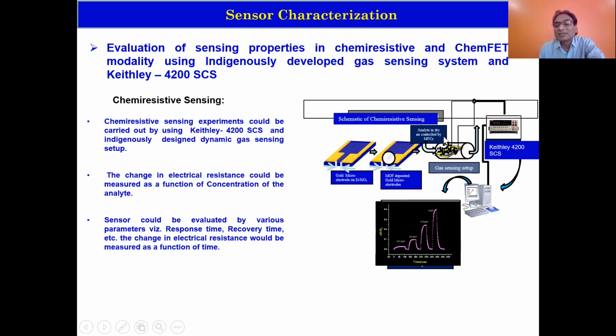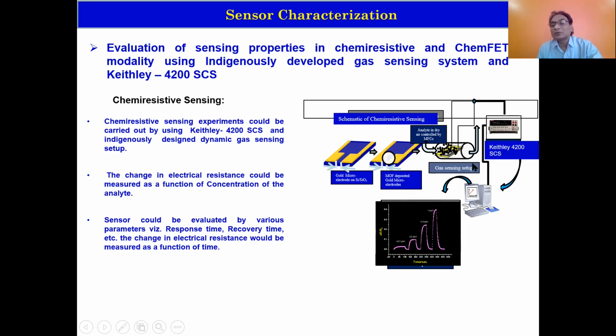Then we have this gas sensing chamber, a very small chamber we have developed. In that chamber we keep our material, and then use a Keithley 4200 or 2400. If it is 4200, then you can do FET measurement as well. But for a chemiresistive setup, you need only a Keithley 2400 and that will serve the purpose.